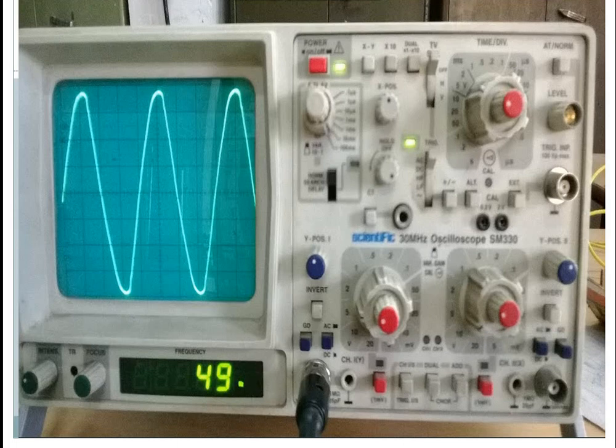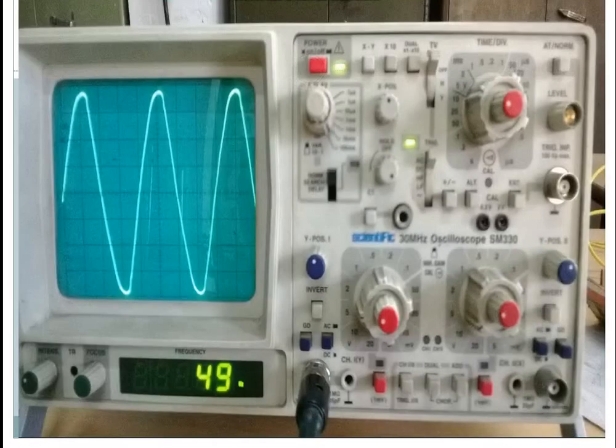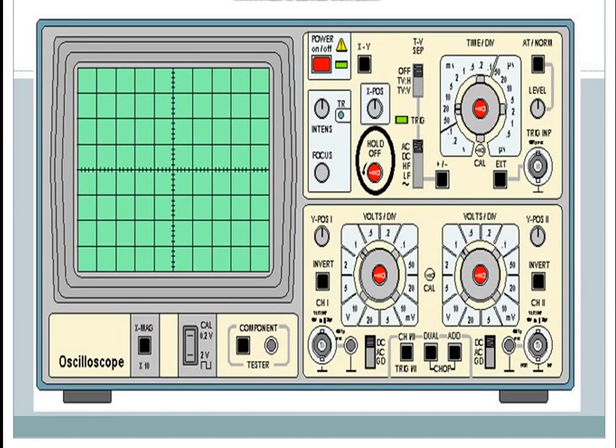There are also the probe's 2 terminals, positive and negative. Positive is red in color and negative is black. Each box denotes 1 unit, and each small division denotes 0.2 units.